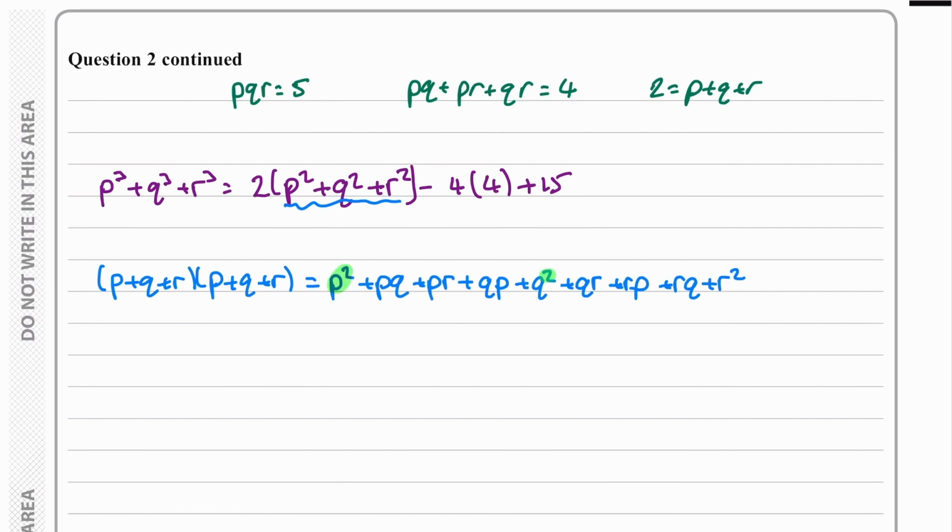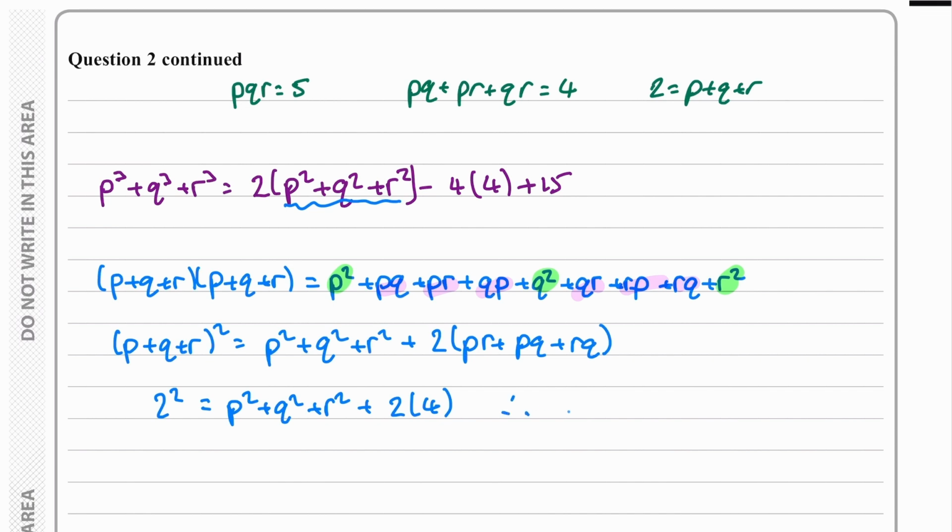We've got the squared terms, and we've got two lots of each product pair. So here's pq, and again, pr, and again, and qr. So we can simplify this, and then we can substitute in these values.